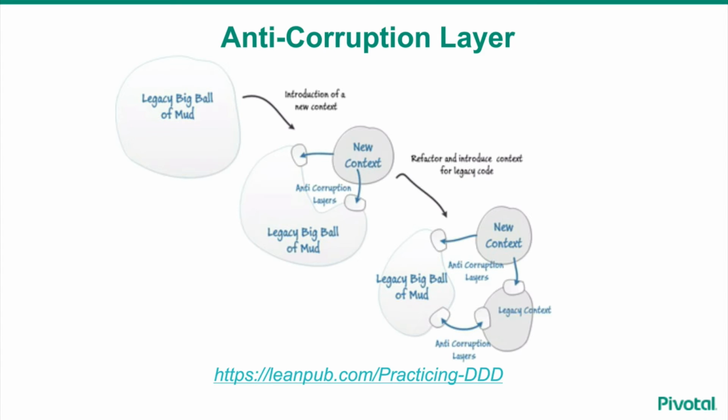This is where the term fence, anti-corruption layer comes from. You can also think of this as the REST API that is exposed by the newer service, right?